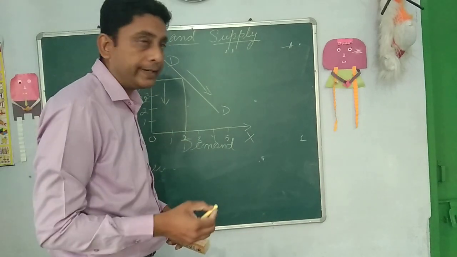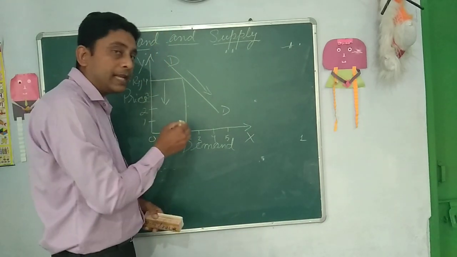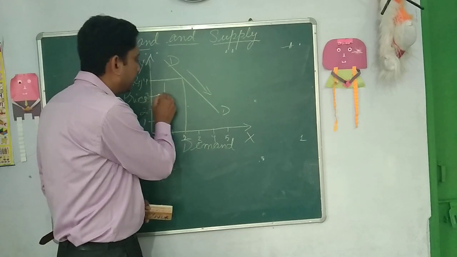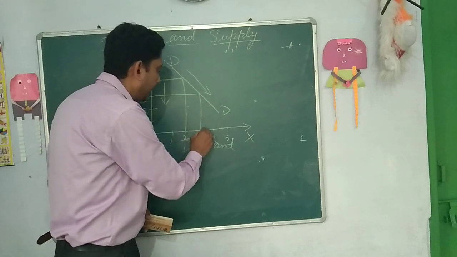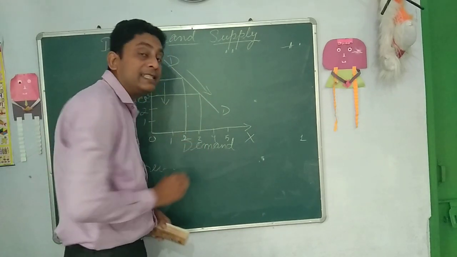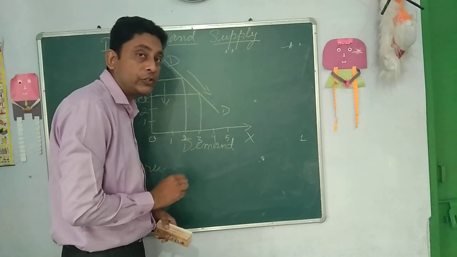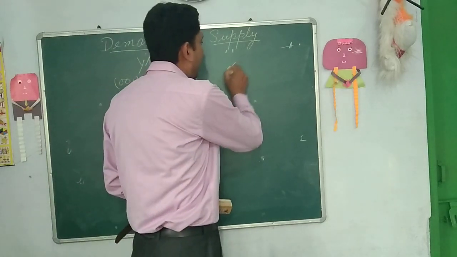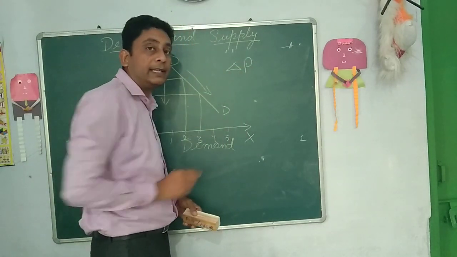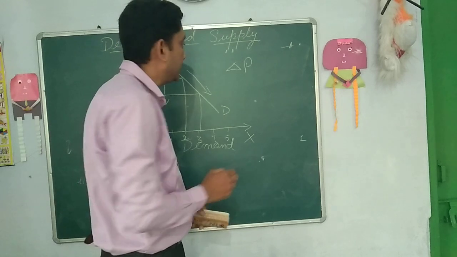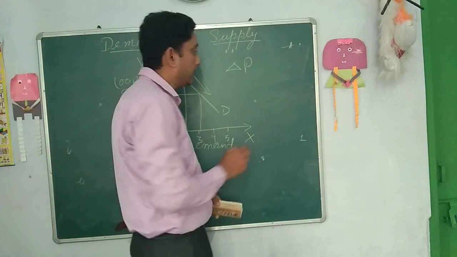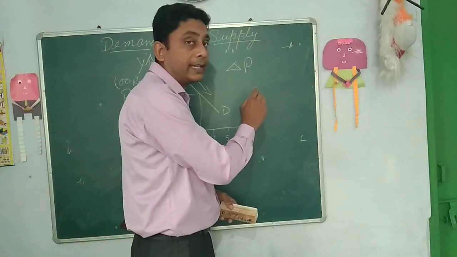It can be any quantity. And when the price falls, suppose to 300, demand increases to 3 units. It has changed. This delta is represented as change in price. As price changes, it directly affects demand.